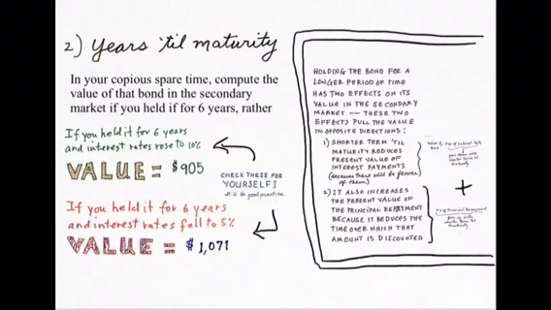So now let's see how the variable years till maturity can affect the value of that bond on secondary markets. Suppose that rather than holding that Intel bond as in the previous example for 2 years, thereby having 8 years left until maturity, I held the bond for 6 years and had only 4 years left till maturity.